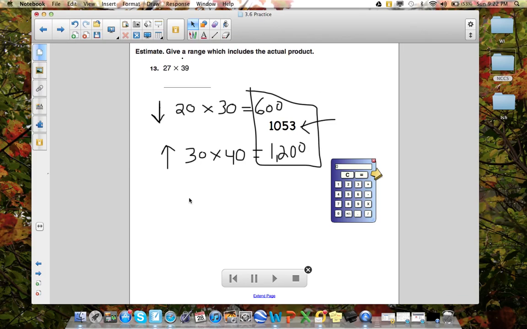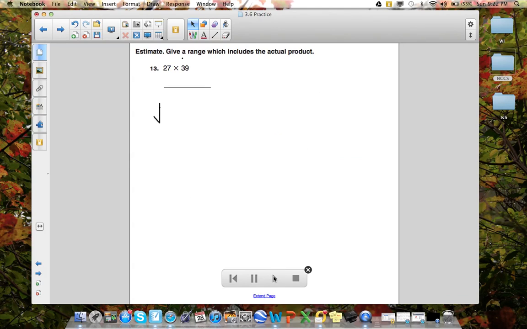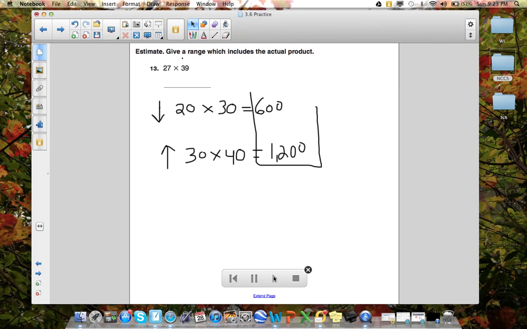All right, then on the next set, it says estimate and give a range which includes the actual product, which is basically what we were doing at first. So by using front end rounding here, we're going to do both of them down. 20 times 30 gives us a low estimate of 600. Rounding them both up would give us 30 times 40, because 27 would round to 30 and 39 would round to 40. Gives us a range between 600 and 1,200.